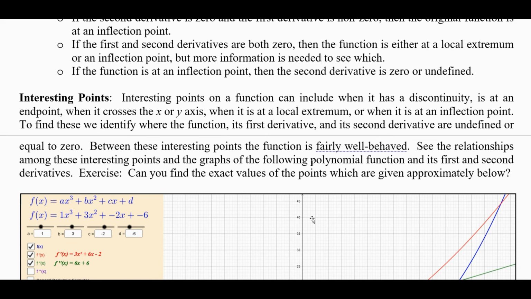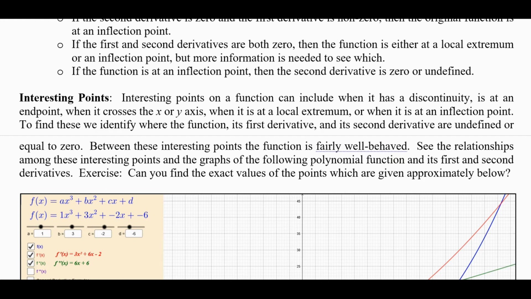There are some interesting points on graphs, and some of these are called critical points. Interesting points on a function can include when it has a discontinuity, is at an endpoint, or when it crosses the x or y axis, when it's at a local extremum, or when it's at an inflection point. To find these, we identify whether the function, its first derivative, or its second derivative are either undefined or equal to 0.